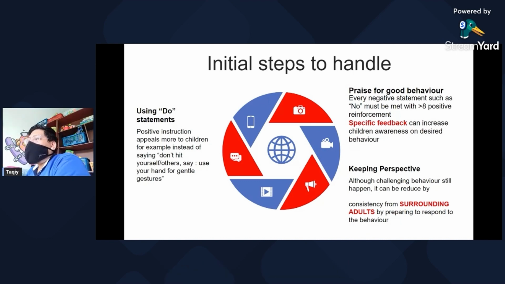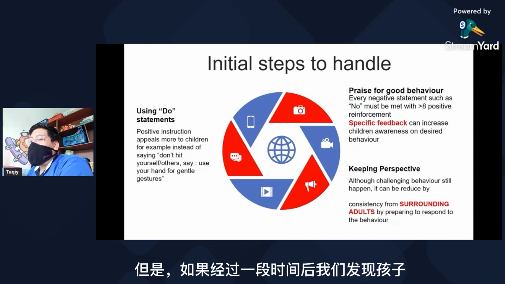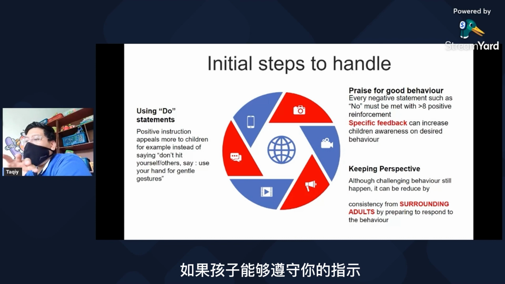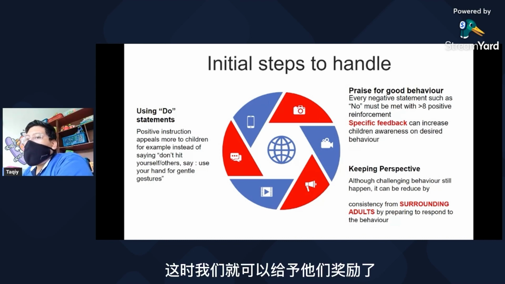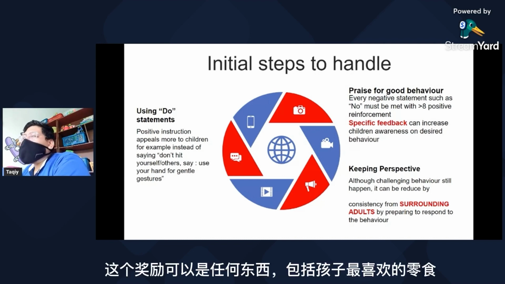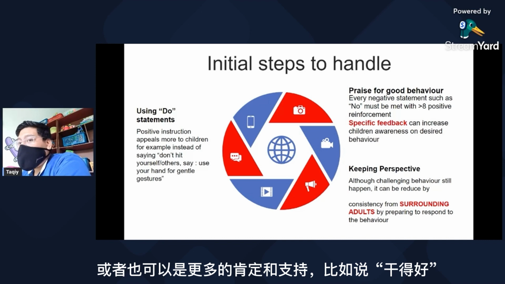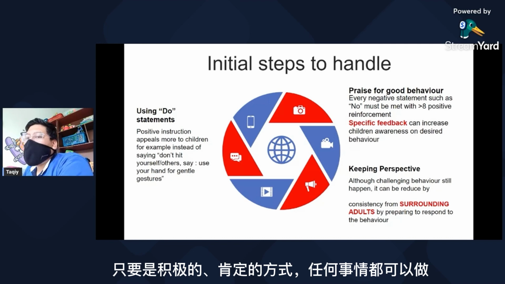We as adults will definitely say no. After we say no, the child will realize that he should not be doing that. So if the child adheres to your instruction by not throwing the food after that, we can give them a reward. This reward is called positive reinforcement. A reward can be anything, including the child's favorite snacks, favorite drinks, or moral support such as good job or just a simple high five. Anything can be done as long as it reinforces a positive behavior.